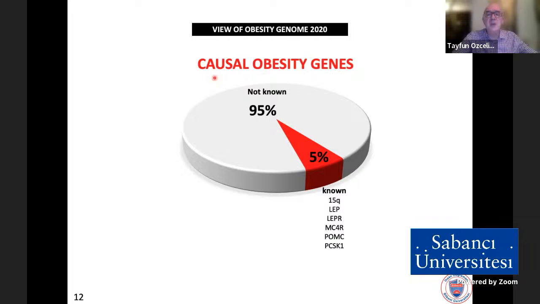Although obesity is a disease with a high heritability index, the causal genes were known in approximately 5% of the people. These were 15q mutations, chromosome 15q associated with Prader-Willi syndrome, leptin receptor, melanocortin-4 receptor, pro-opiomelanocortin, and PCSK1. These were the only known genes. So we thought obesity is a good candidate to study.